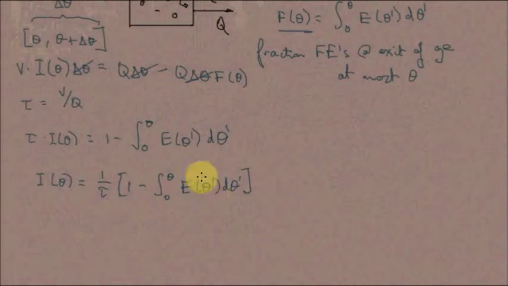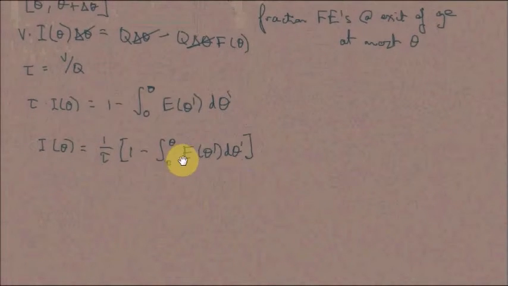We know how to get this function E of theta, and this relationship is telling us that we just need to evaluate the integral from 0 to theta on that function E of theta, take 1 minus the value that we get and divide that by tau, where tau is well defined. So if we just do that operation, then we can construct the function I of theta.